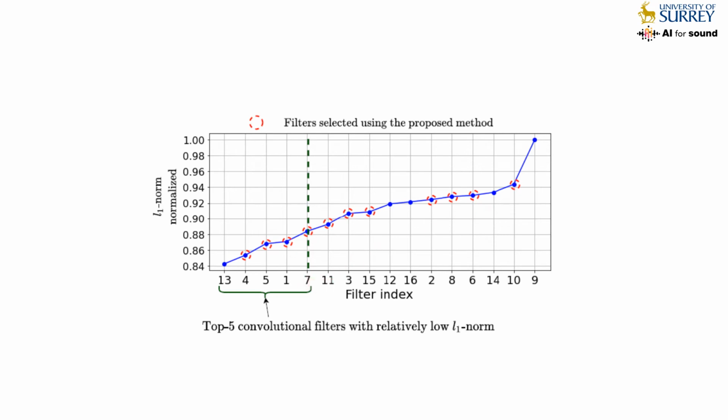This is where the advantage of the proposed method is, where we do not bother about the norm of the filter. We only care about the similarity and the redundancy. So based on the redundancy, we have selected the filters despite their norm.